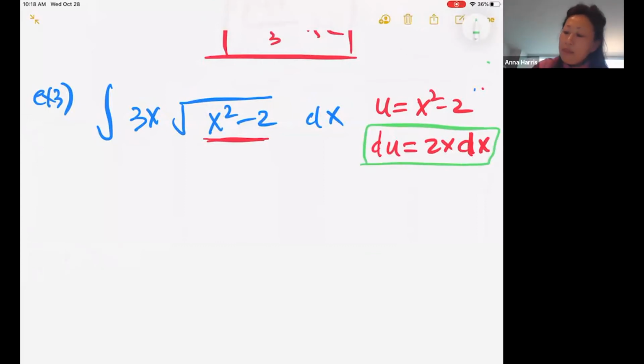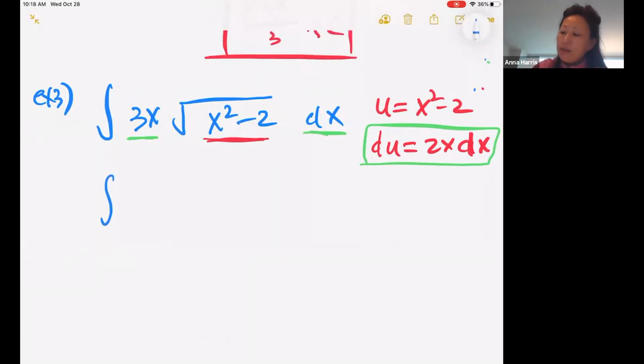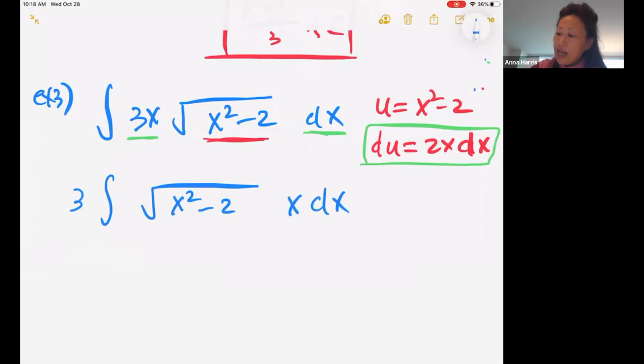But what this problem has is 3x dx, isn't it? So in this case, I want you to rewrite your problem like this. Watch me how I do. Bring out the 3 in the front and just leave x squared minus 2 and x dx, okay? Okay, so what did I do?